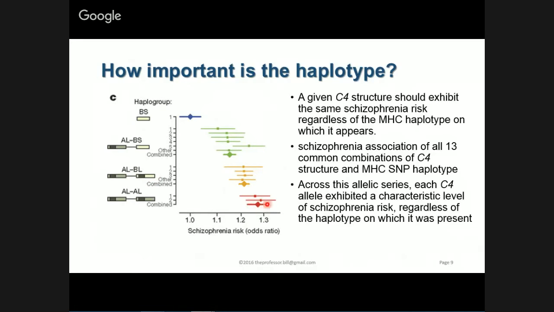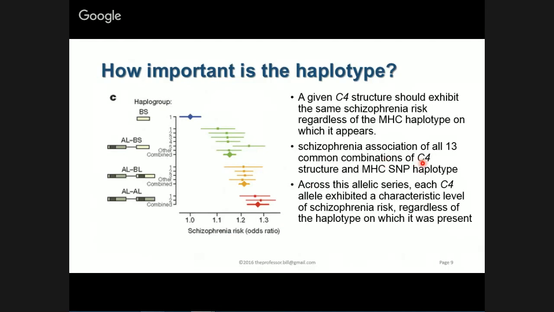But overall, if you take a look, this is sort of the odds ratio that I had presented for you earlier. So what this suggests is that for a given C4 structure, in particular the C4A structure, it doesn't matter what haplotype block it's associated with, it is more likely that you are going to have some sort of increased risk of developing schizophrenia if you have this C4A.